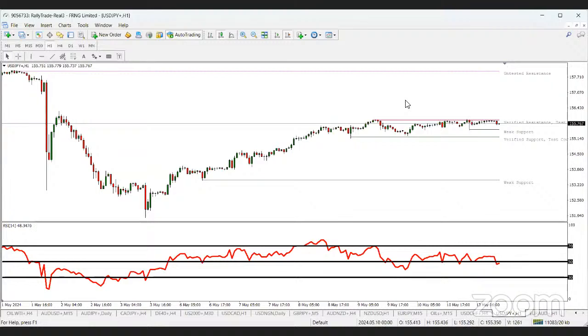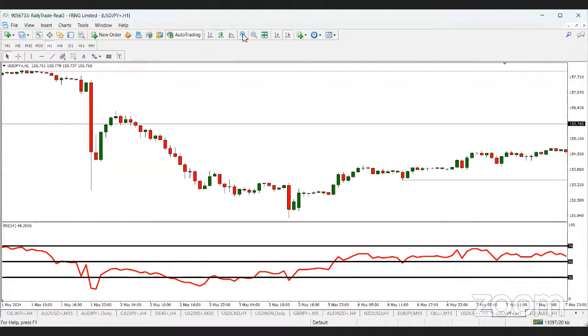We're still expecting, but remember that the last time we said about USD JPY that a good place to look out for a sell is when it is overbought.